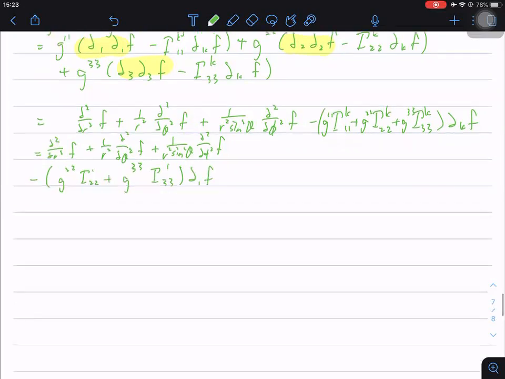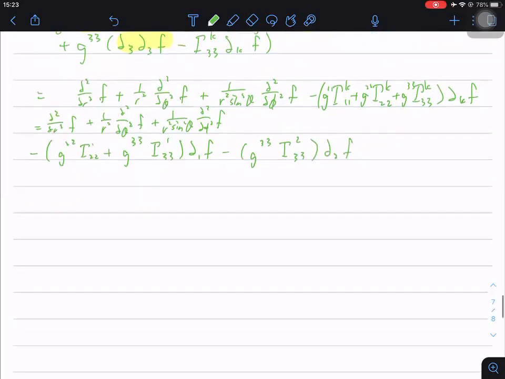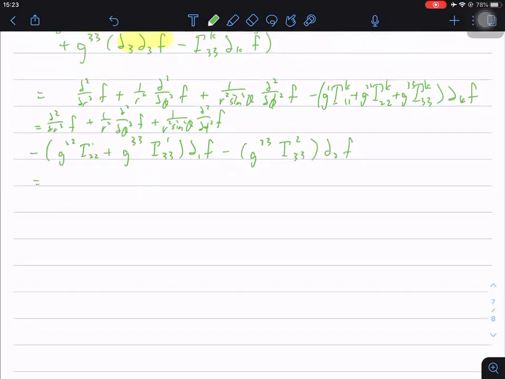And then for k equals to 2, we only have 2, 3, 3 terms here, and that's it. Okay, let me copy this.